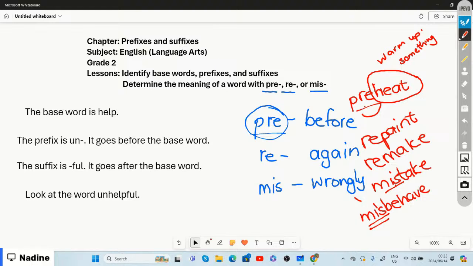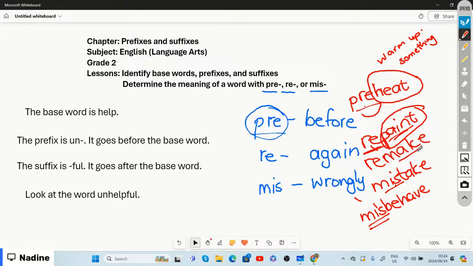And the same with re and the same with miss, the same with paint. Paint is where you're painting, right? But now, paint is our base word, something that you're doing. And then as soon as we add re, which is the prefix to our root word or our base word paint, then it means that we are painting again because re means again.